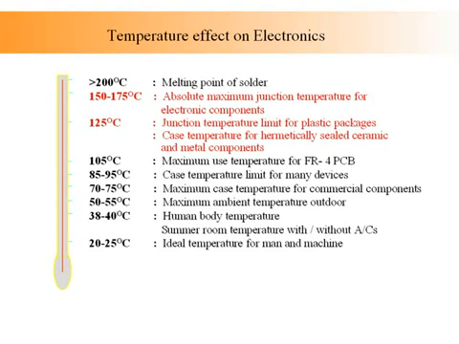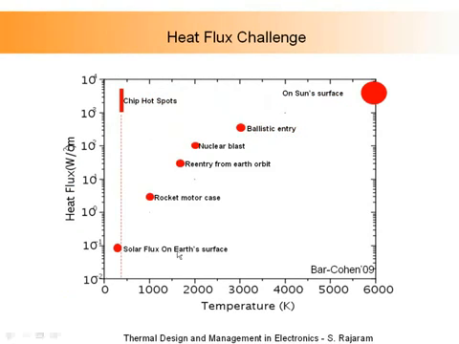Now, just to give you an idea of the challenge that we face, what is shown here is the temperature on the x-axis in degree K for various natural and man-made designs and phenomena, and the heat fluxes or heat density in watts per centimeter squared.